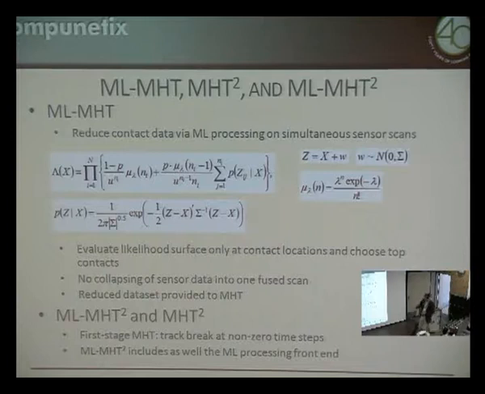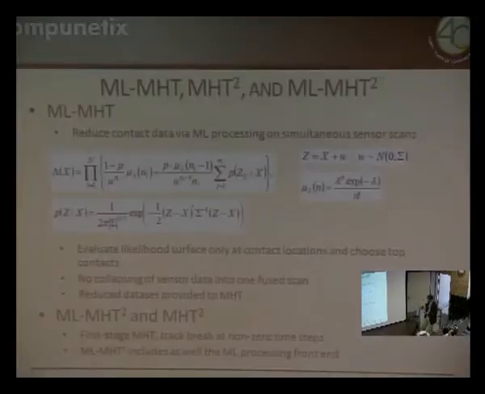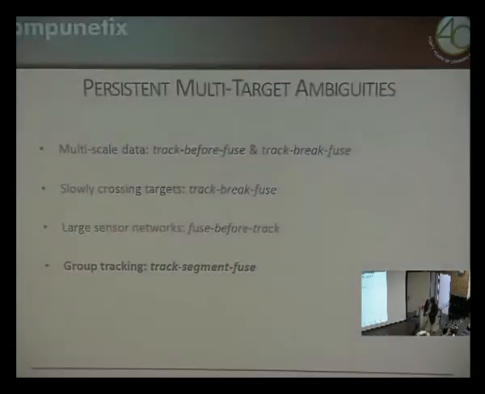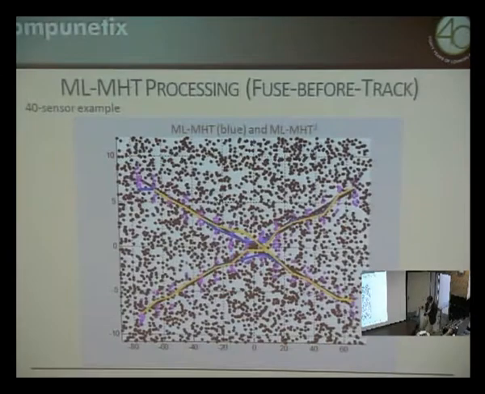And then this is a process to essentially clean up the data and then process the resulting contacts as you would have done, in our case, with an MHT solution, or with multiple MHT stages, as the case may be. I skipped over two slides, sorry. In any case, that turned out to be a useful thing to do.